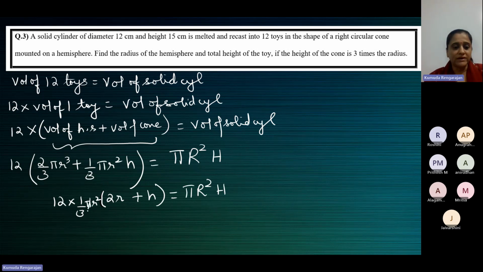Now this pi and pi on both the sides will get cancelled. Pi on either side gets cancelled. Then 3 1s are 3, 4s are 4. Correct? Then what is left here?